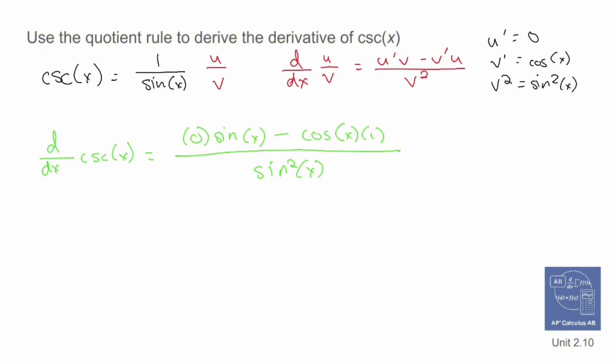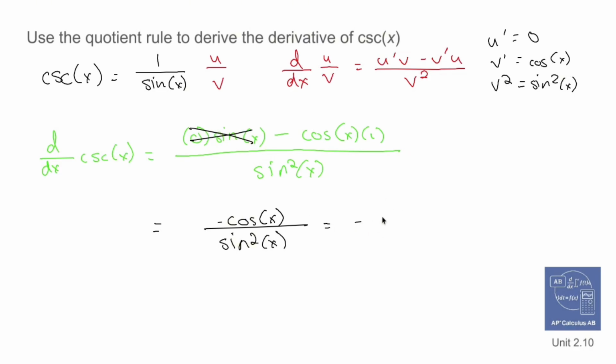So let's make things go away. 0 times sine x goes away. Okay. Negative cosine x times 1 is negative cosine x. And that's that. All over sine squared x. So let's split this up into two parts just for example's sake.